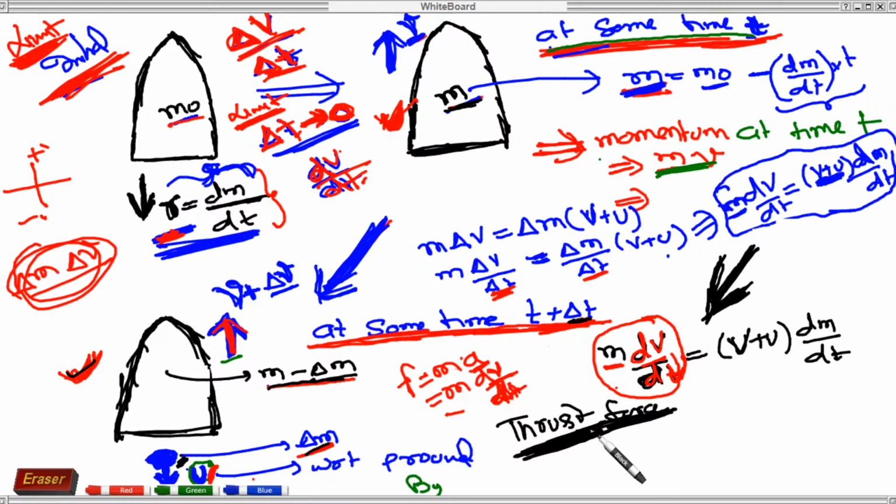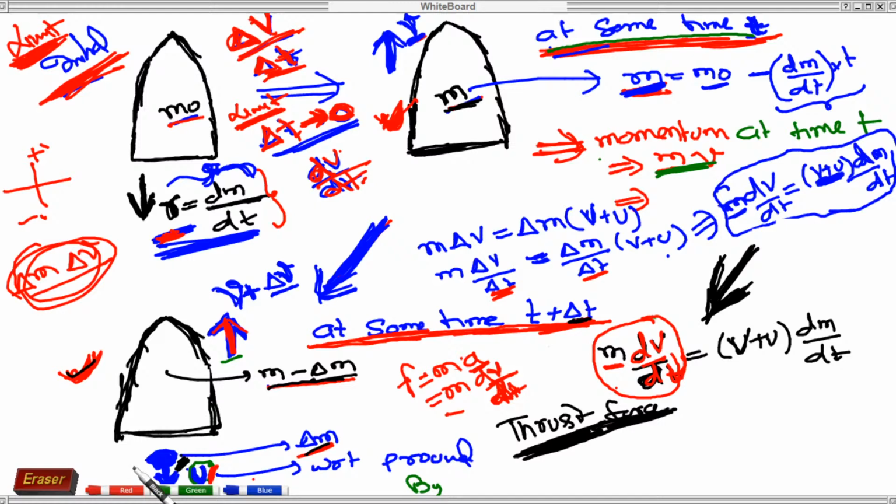So the thrust force is the force generated when some mass leaves or enters the system, but my scenario is that it is leaving the system.